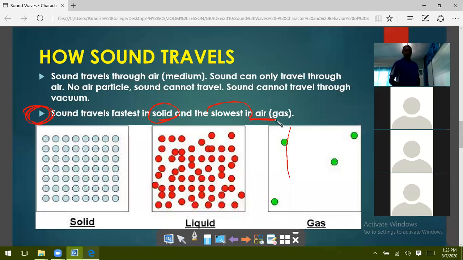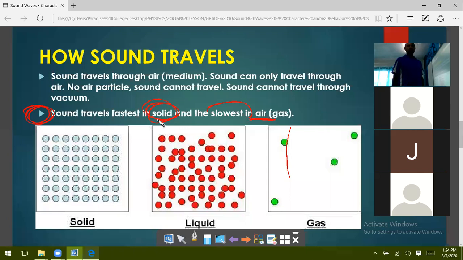Anybody disagree with this idea of solid being the medium to transfer sound energy faster than liquid? Because everything is compact, so sound travels faster in solid. The distance is shorter. The particles are compact. That's why it travels faster.